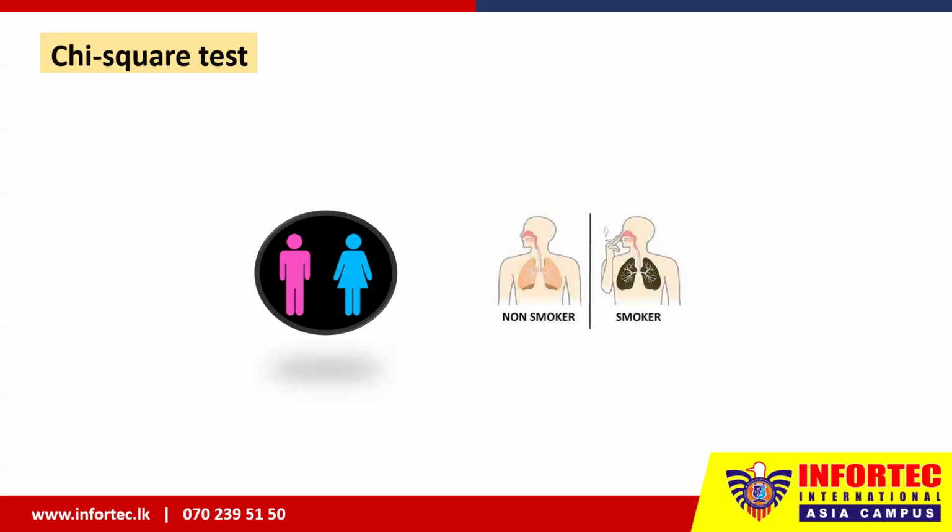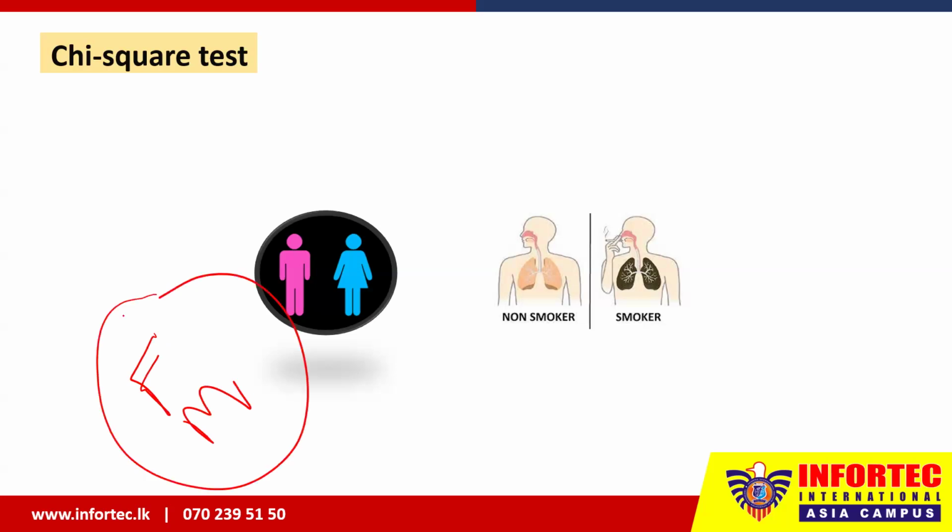Now, is it clear? Because for gender we can identify two categories, male and female. So it is categorical, no? Because you can clearly identify two categories.